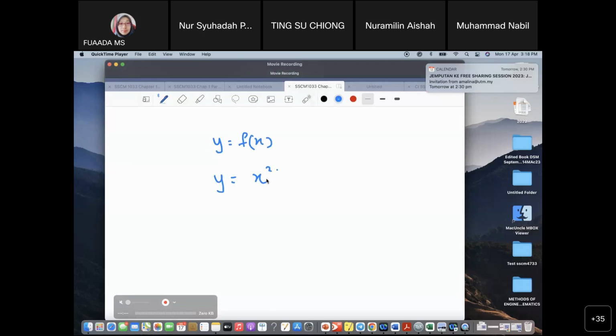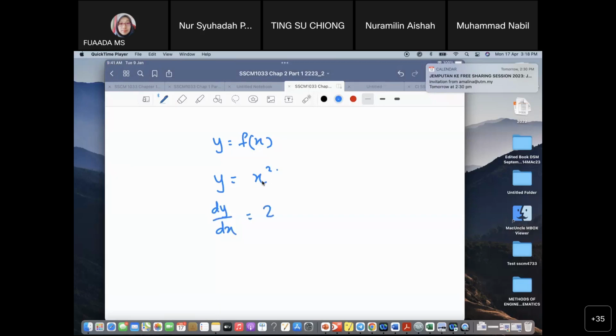So this is called explicit. The subject here is the function itself, where on your right side is all the independent variables. Bila you nak cari differentiation, you can just buat macam biasa lah, dy dx, and then you just differentiate yang belah kanan saja with respect to x.